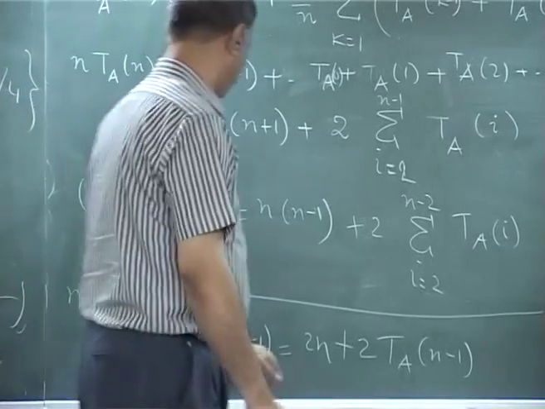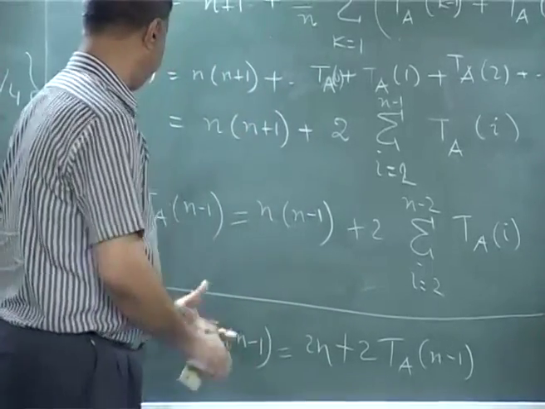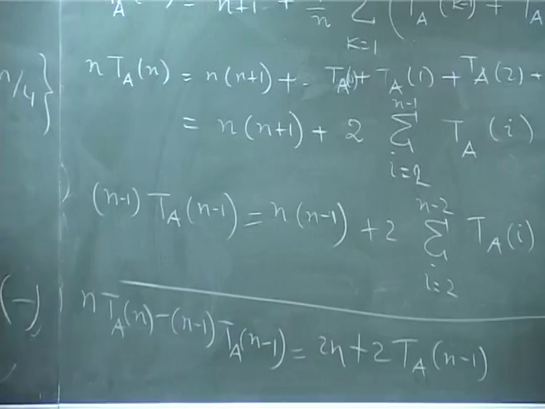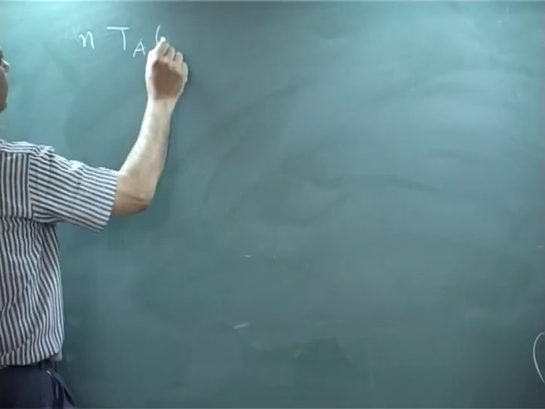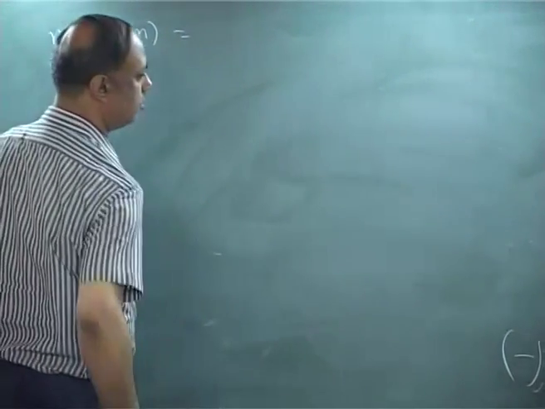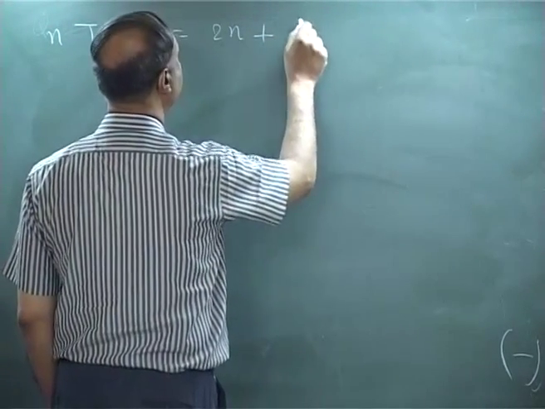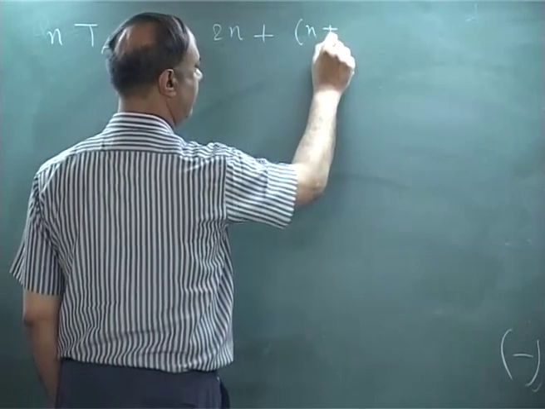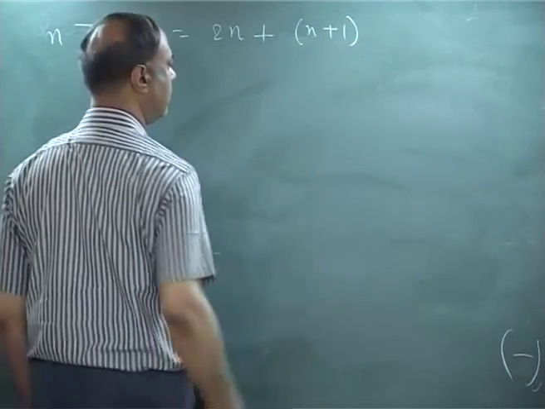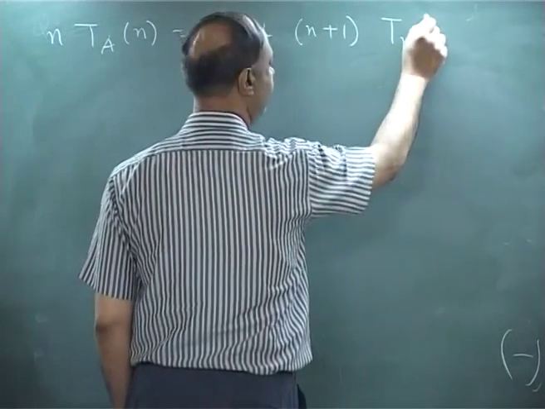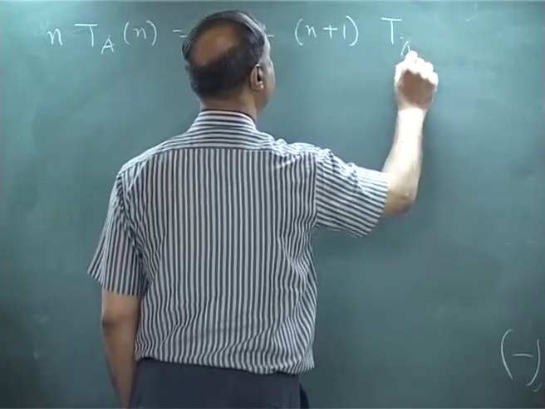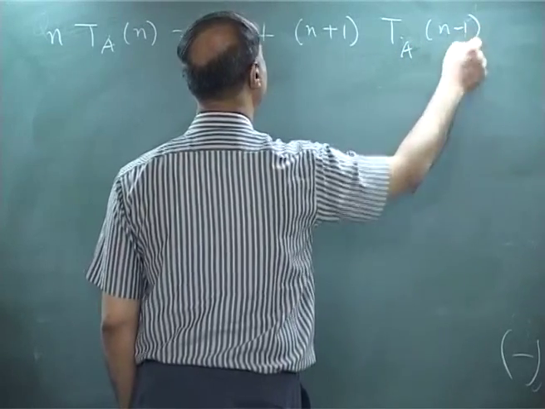Okay? So if I bring this element this side, I get n TA(n) is equal to 2n plus (n plus 1) TA(n minus 1).